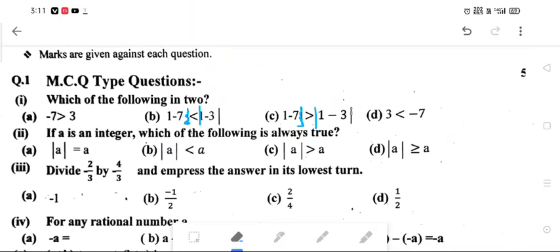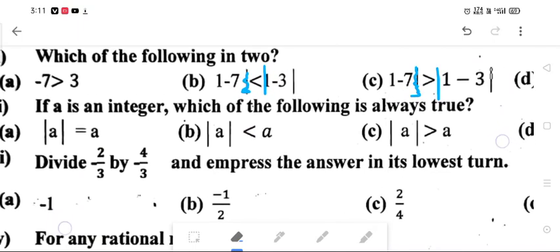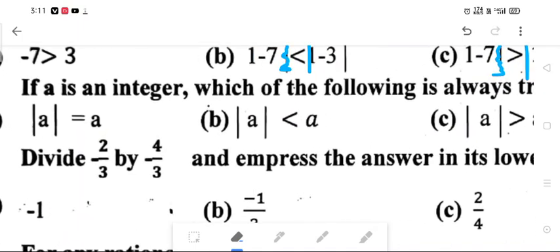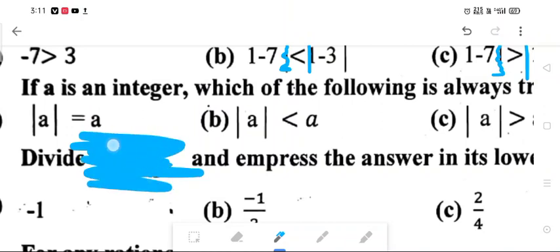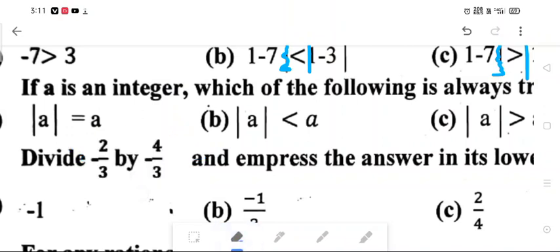The next is divide 2 by 3 by 2. Let me write the question: minus 2 by 3 and minus 4 by 3.